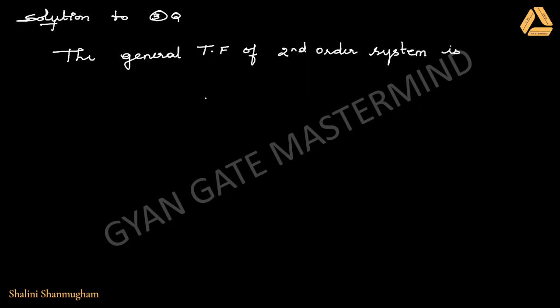So we know that the general transfer function of a second order LTI system is omega n square divided by s square plus 2 psi omega n s plus omega n square, where omega n is the natural frequency and psi is the damping coefficient.